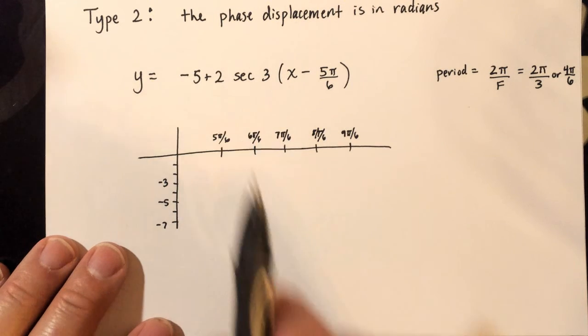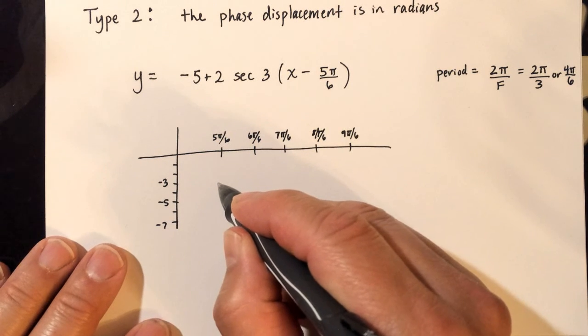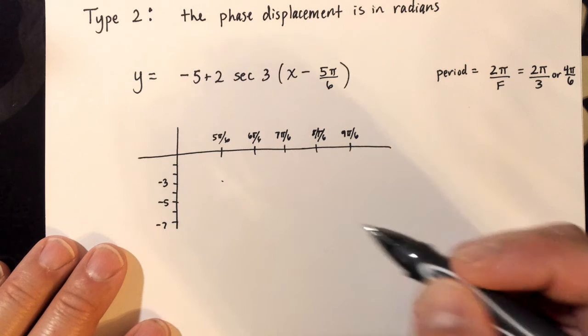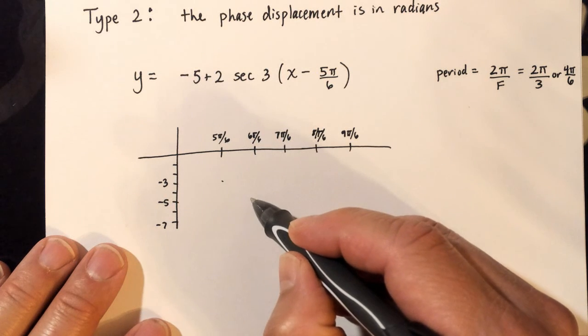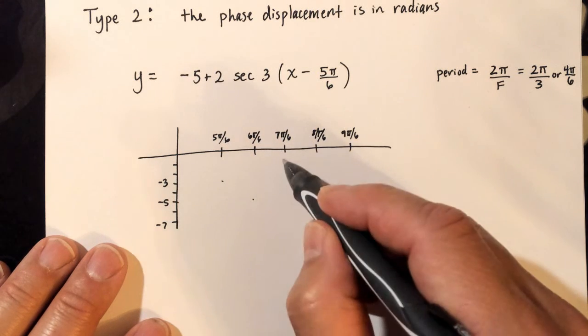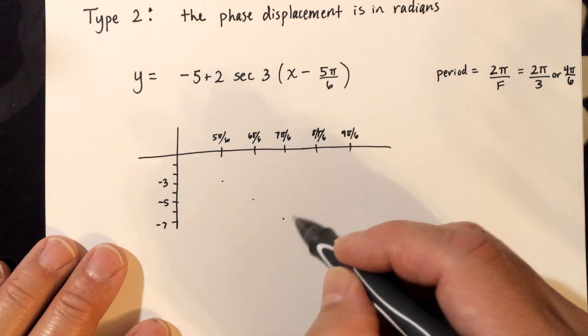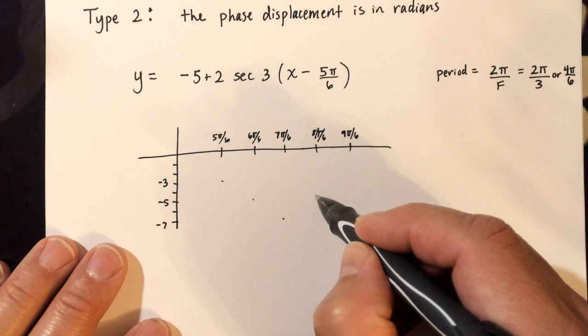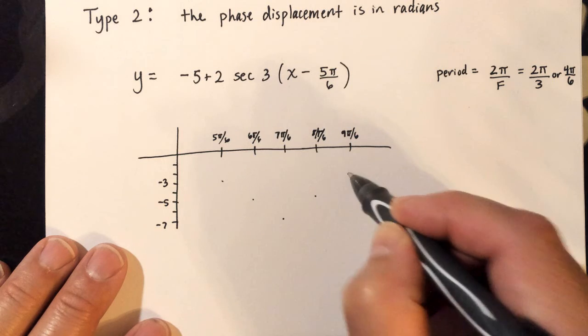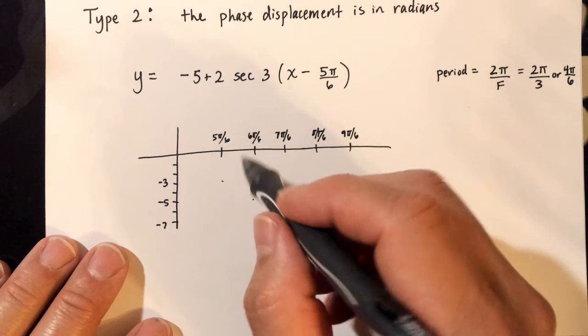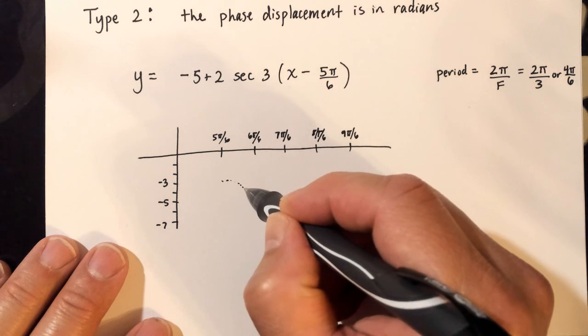Anyways, secant is cosine, so cosine starts at the top of the road, and then it goes to the middle, and then it goes to the bottom, and then it goes back to the middle, and then it goes back to the top. Remember, I'm not graphing cosine, I'm graphing secant.